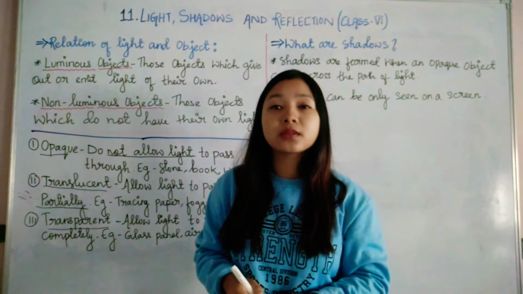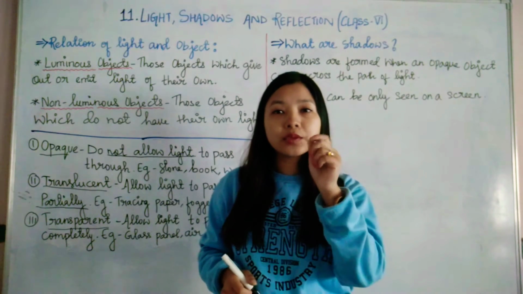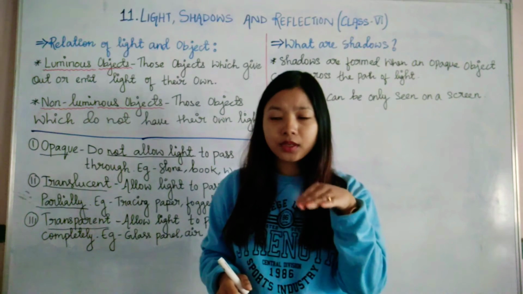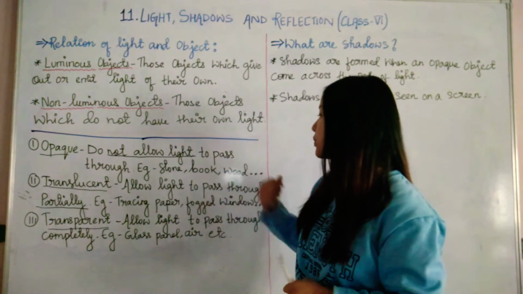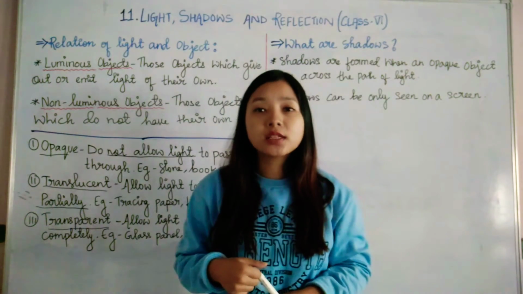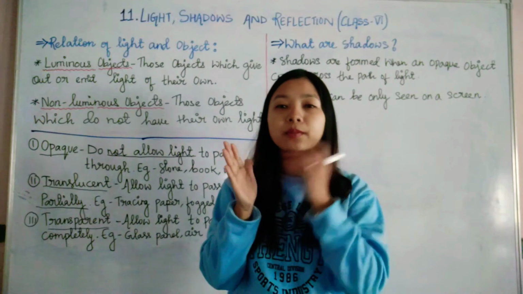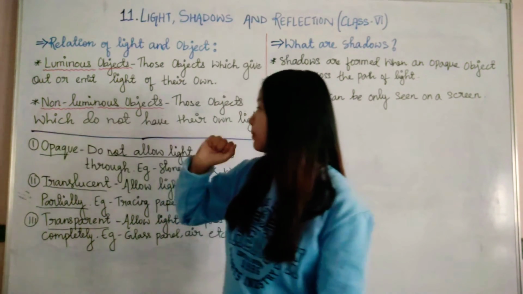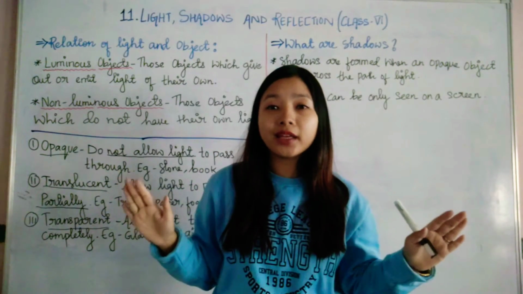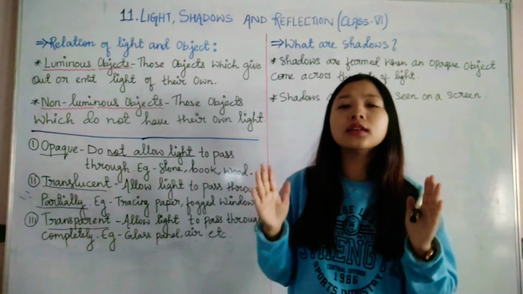Another example is muddy or slightly dirty water, through which you can see a little but not clearly. So these are some examples of translucent objects, which pass very little light through them. Opaque objects, as they do not allow any light to pass through them, form dark, clear shadows.